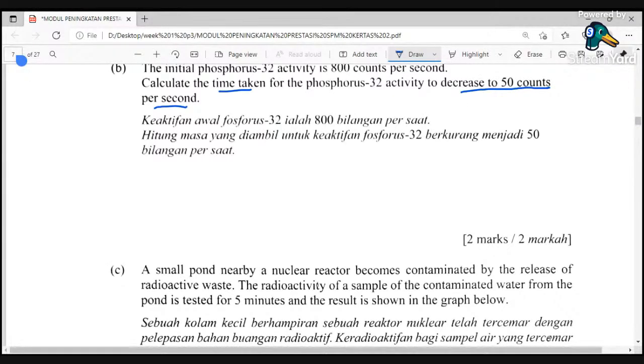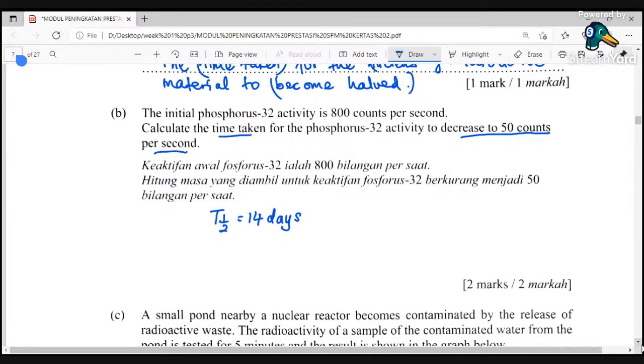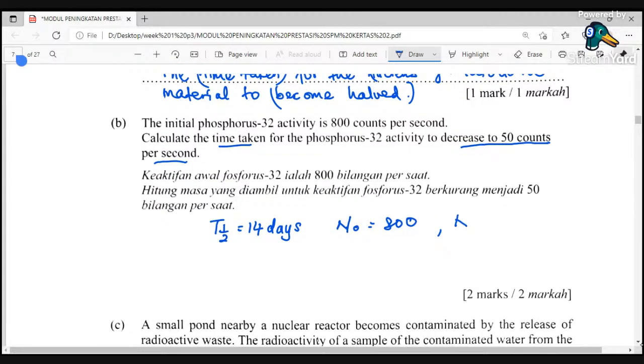Okay, so T half equals 14 days. Okay, initial activity 800. After a certain time, the new activity is 50 counts per second. So what is the time taken for this activity 800 to become 50? Berapa? Okay.